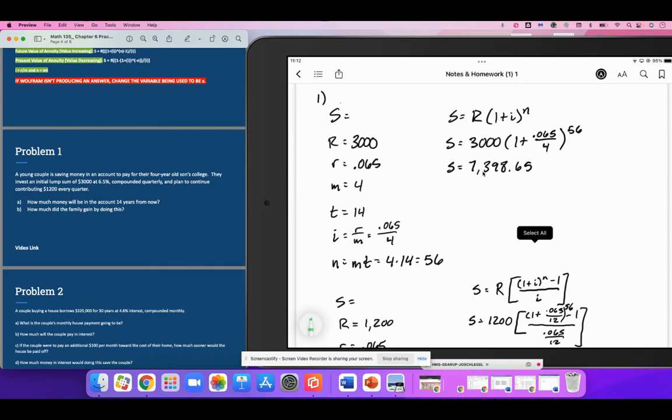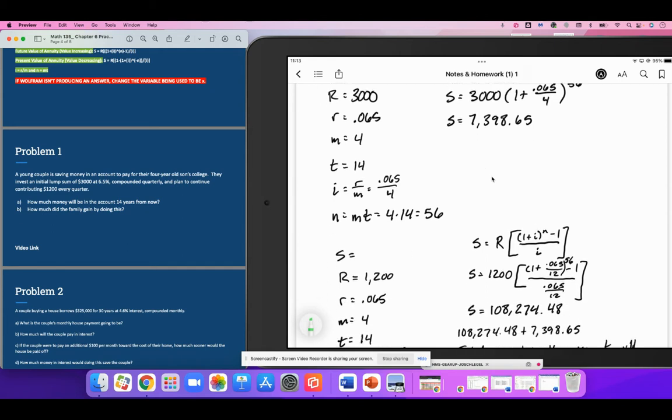Got our information in there, and this $3,000 over 14 years ends up growing to be $7,398.65. So again, this $3,000 is a lump sum, so compound interest is the formula we need to use with it, and we end up with $7,398 resulting because of that investment.